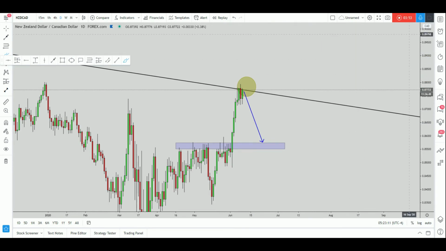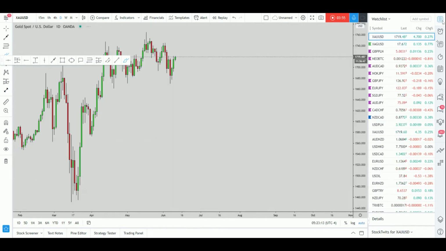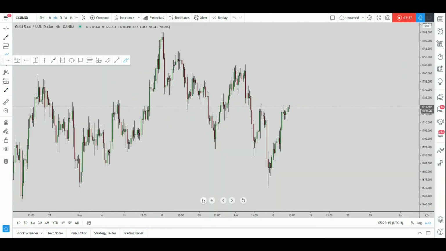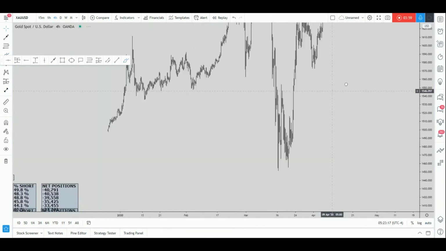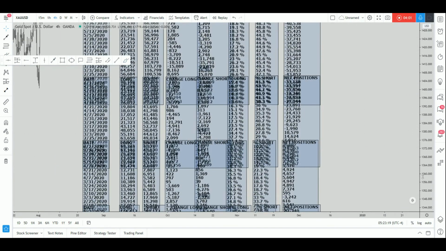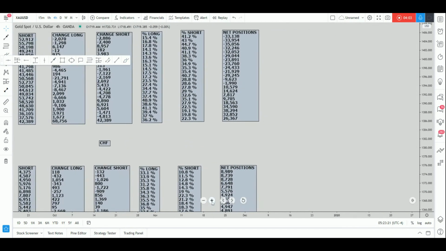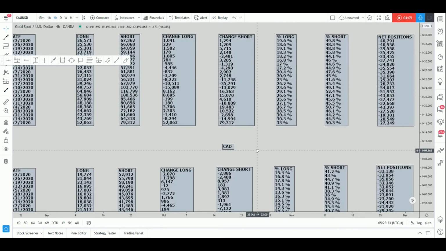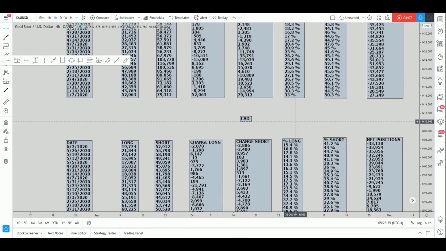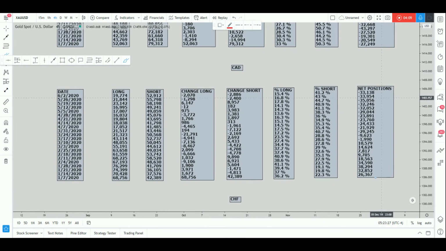But first, let's go and see what kind of situation we have from a COT perspective, so commitment of traders. What hedge funds are currently doing from an NZD perspective, and what they're doing from a CAD perspective. Let's start from the CAD. Now on the CAD, we can see that currently from a hedge fund perspective, we're sitting at minus 33K, meaning that hedge funds have more shorts than longs on the CAD.